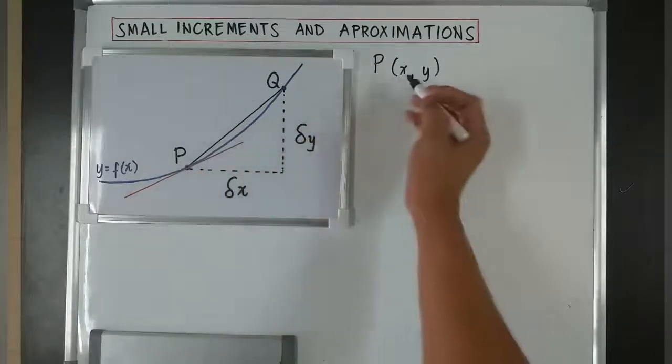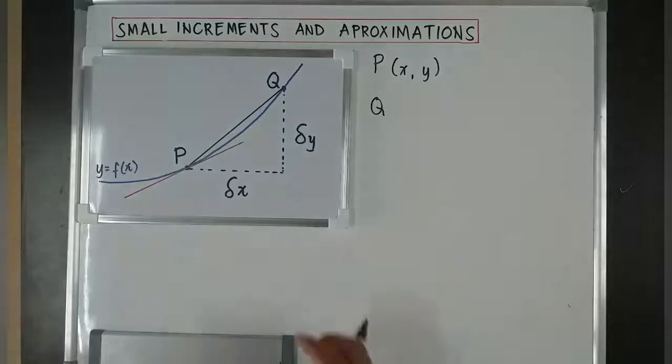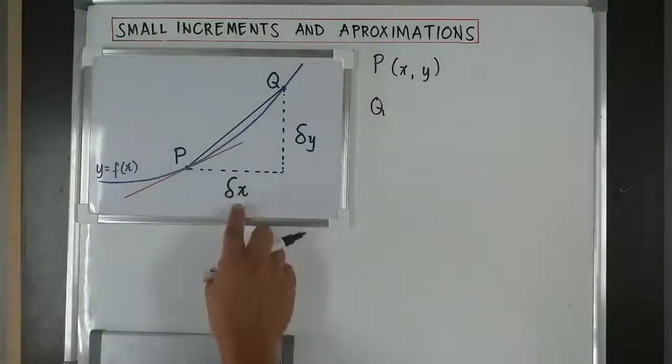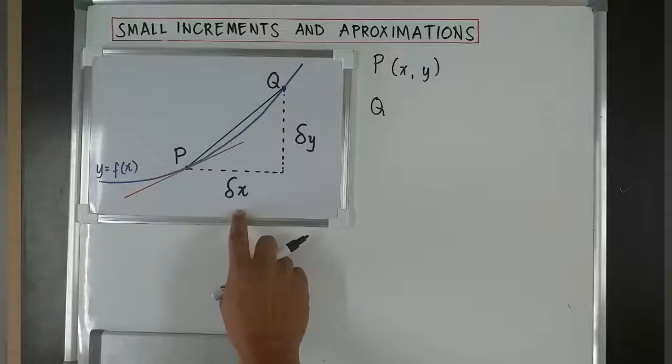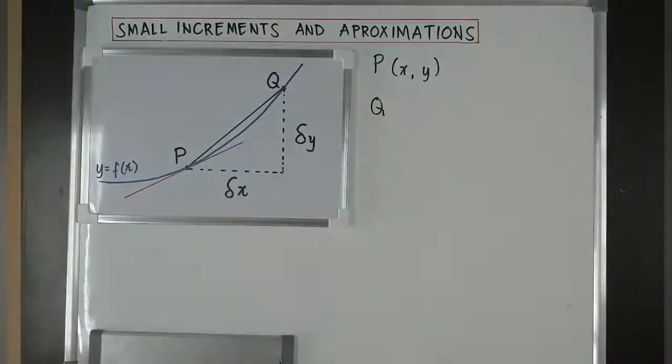If P is x, y, Q now will be, if the change in the value of the x is represented by this, this is read as a small increment of x. So there will be an increase of the value of the x.